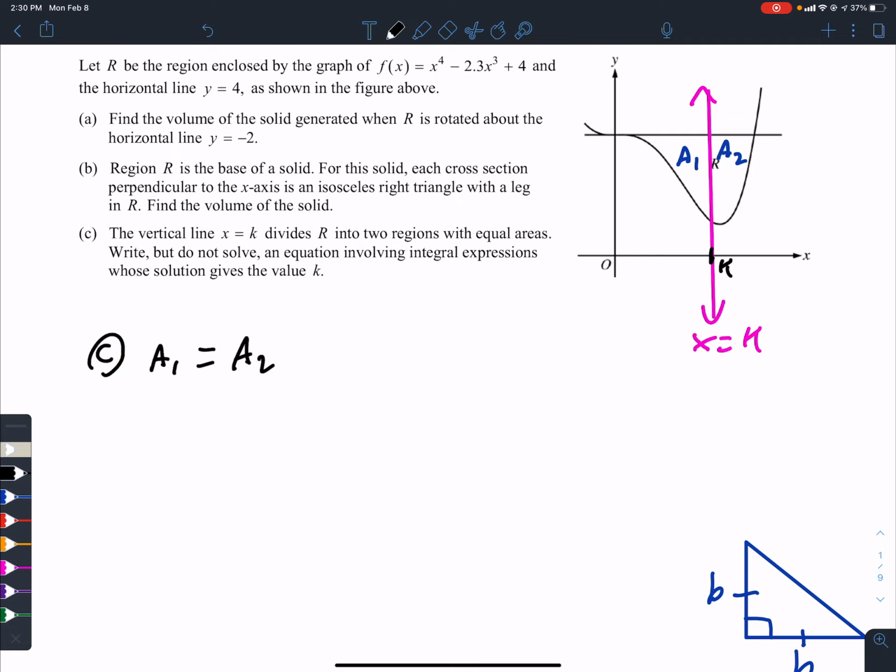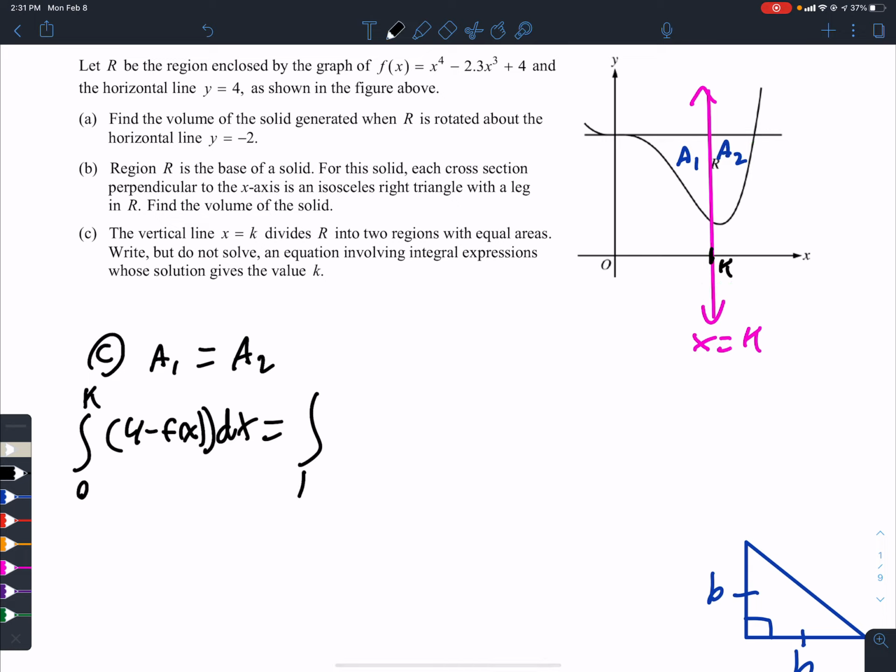The area 1, we're going to add up all the rectangles starting at 0 and ending at k. So 0 to k. And the area is the height times the width. It's going to be big Y, 4 minus f of x, times the width of each rectangle, which is dx. And that equals the area 2, which we start at k and end at 2.3, because we already found that was 2.3.